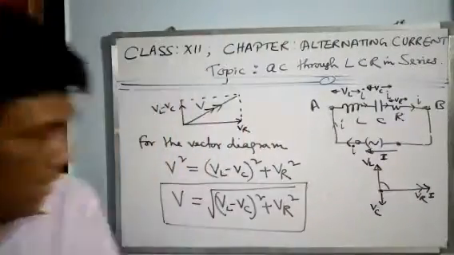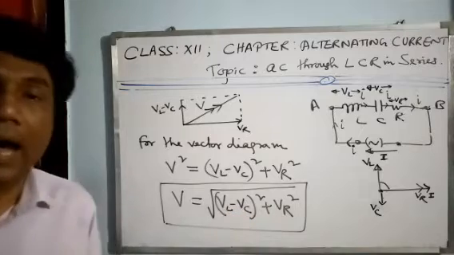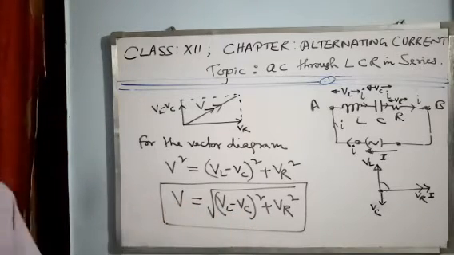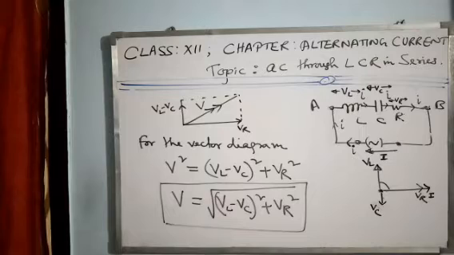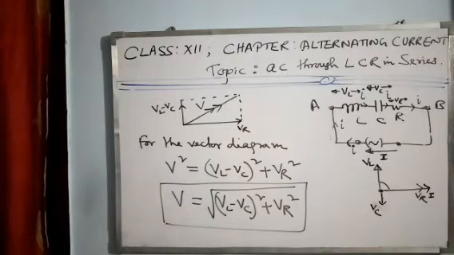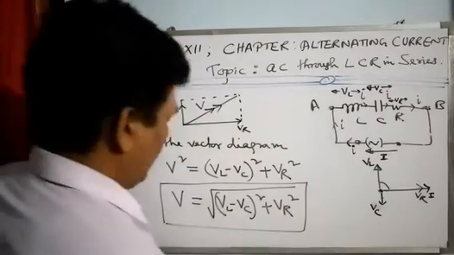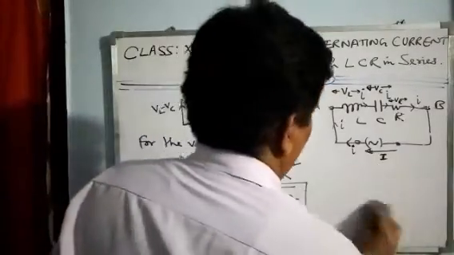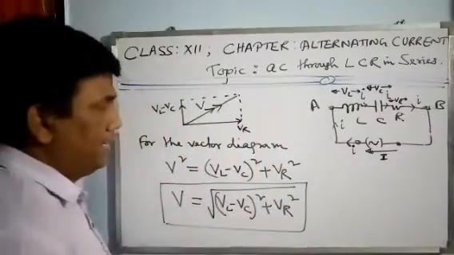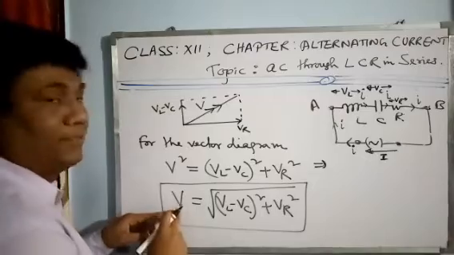This is a good relation between 4 quantities. Out of these, if you know the value of 3, the remaining one can easily be calculated. Very good. Now let me move forward. If I write this, what is this? This is net voltage.